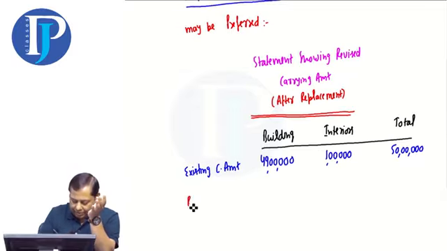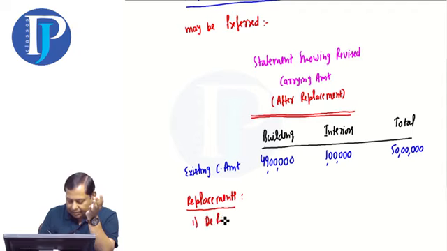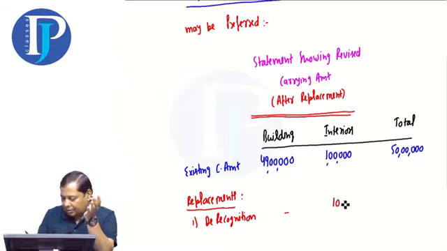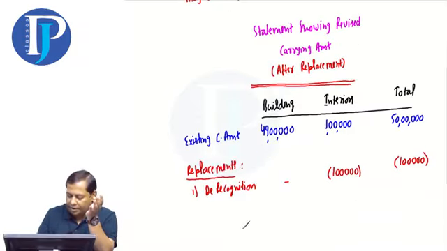Now do the replacements. So what will happen? First will be derecognition. We will remove the derecognition of 1 lakh. Remove carrying amount.